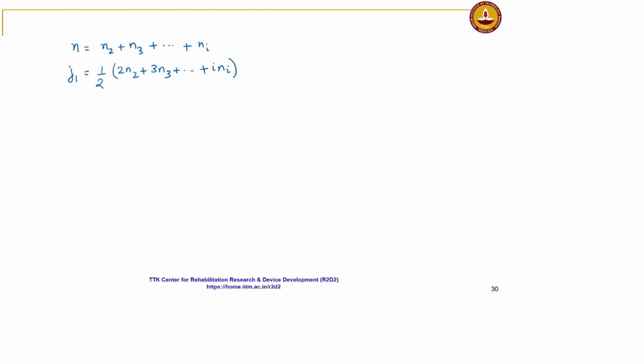So, this gives me m equal to 3 into n minus 1 minus 2j1, which I can expand using 2 n2 plus 3 n3 plus i ni.